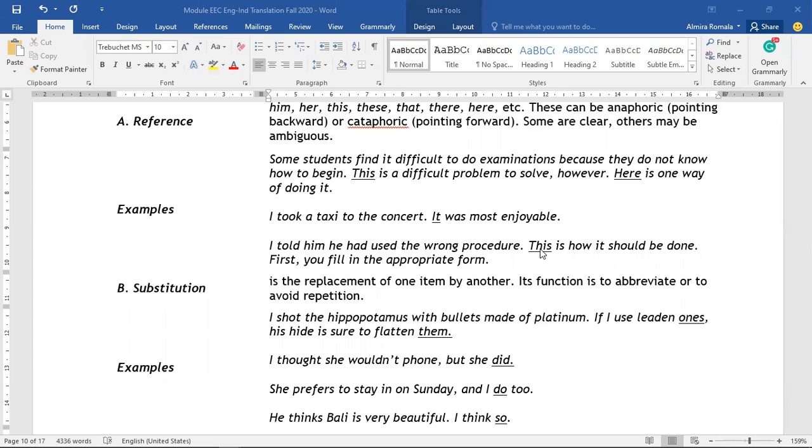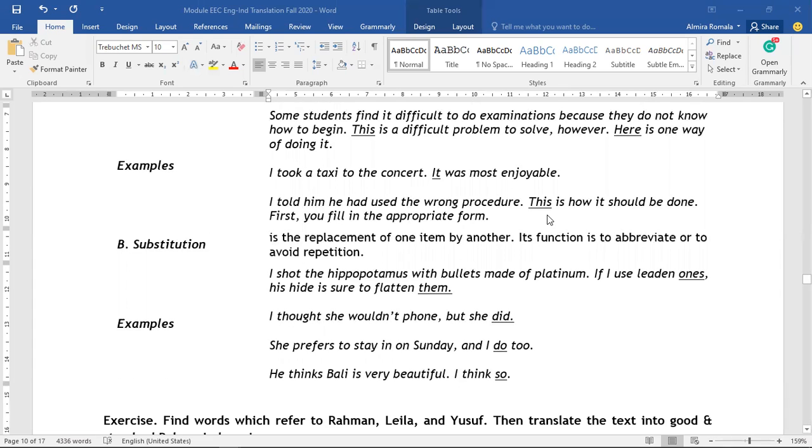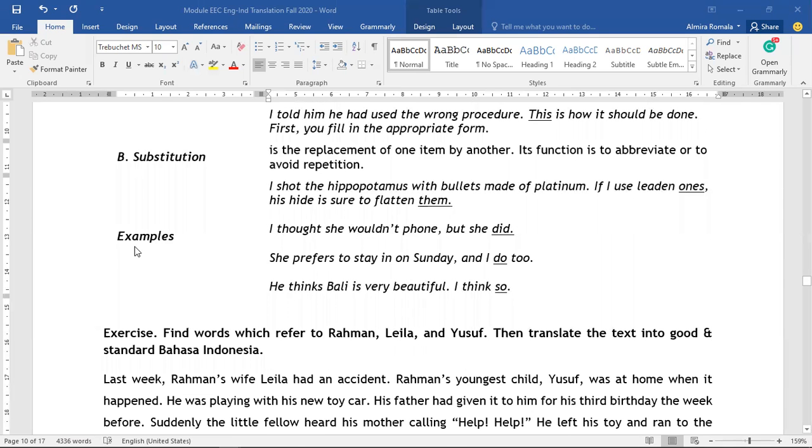Okay, so let's continue with the next type of cohesion. We have substitution. Substitution is shown from the name of the strategy. It is a replacement of one item by another, and the function is to abbreviate or to avoid repetition.